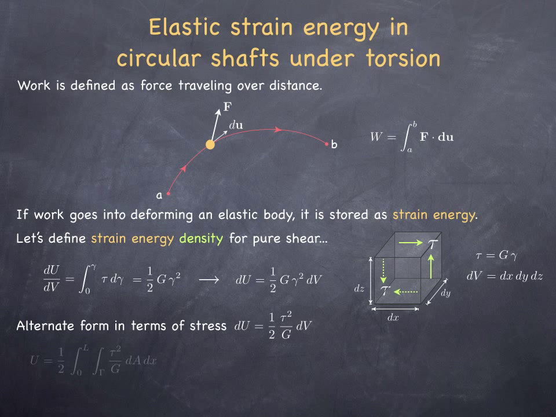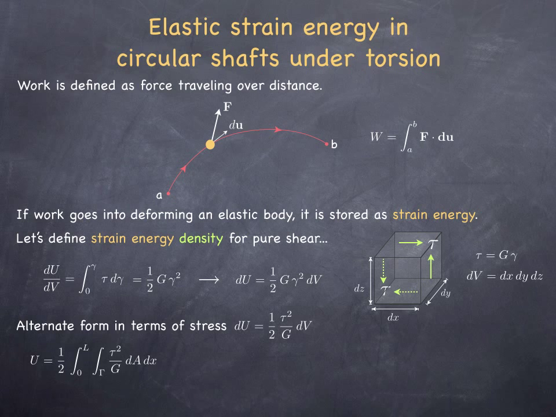So let us integrate this then over the volume to get the total energy stored in a shaft across its length. That's a volume integral, so we pull the half to the front. It's a constant, and we have two integrals, one from 0 to L over the length of the beam over dx, and another over the cross section of dy dz, which is dA.